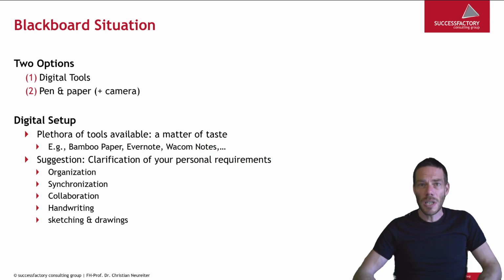The one option is to make use of some digital tools, and the second option is just to rely on pen and paper and get the content digital by means of a camera. And in this video, we will concentrate on the digital setup, so when we use digital tools. And in the next video, I will also show you some possibilities how to stick with handwriting with pen and paper.